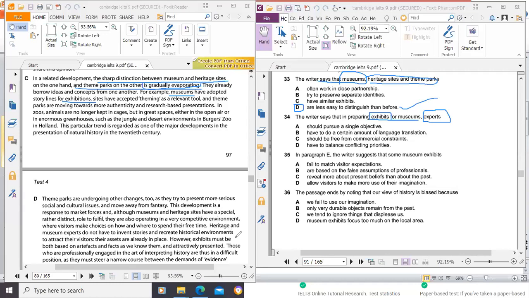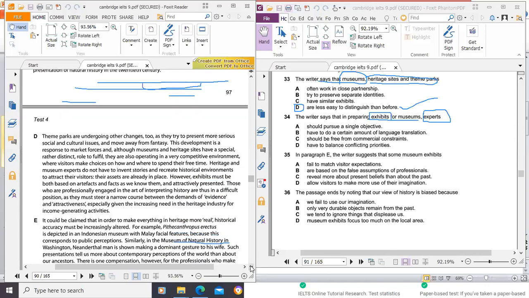Is it likely there? So let's go to paragraph D. However, exhibit, okay, we are looking for exhibits and we are looking for experts. We couldn't find it, we found exhibitions here. We are not convinced enough and we came down here, just like I mentioned earlier, okay.